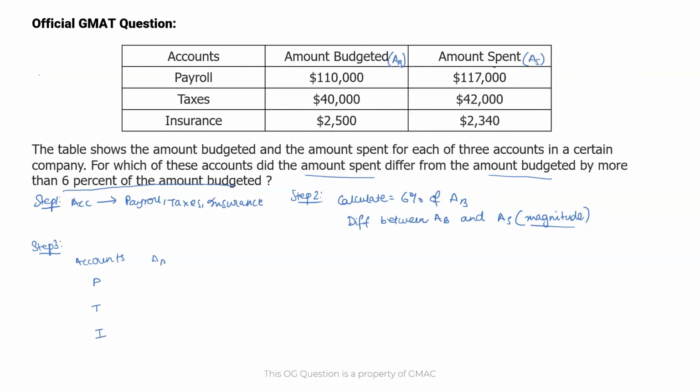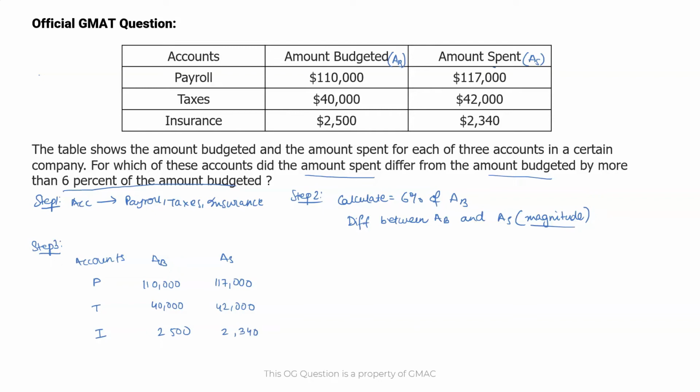The amount budgeted for each of them is $110,000, $40,000 and $2,500. The amount spent for each of these accounts are $117,000, $42,000 and $2,340. Now this is all the data that we got from the question.